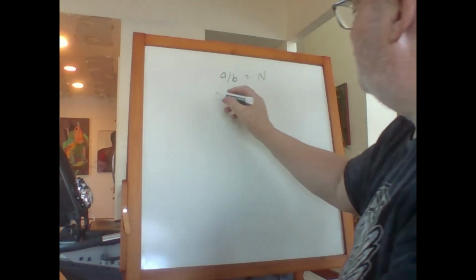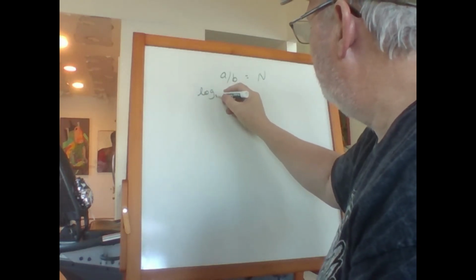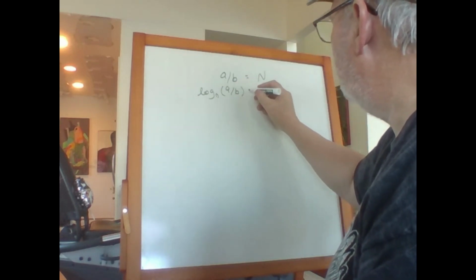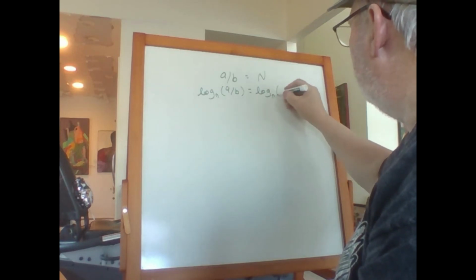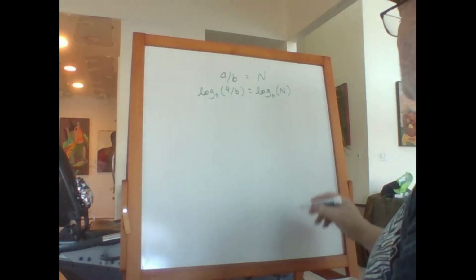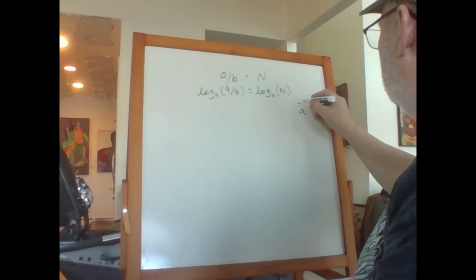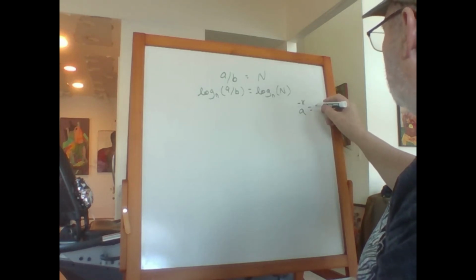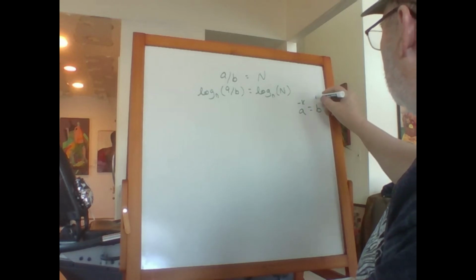And so if we went log of a divided by b equals log of n, and we can say that a to the minus x equals 1 over b.